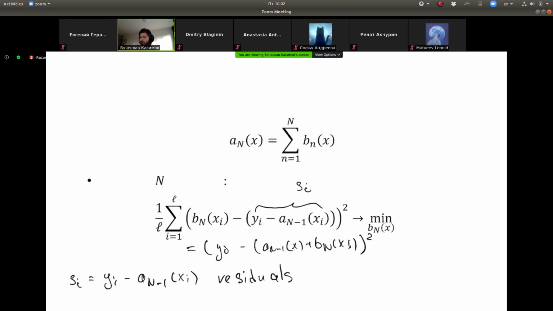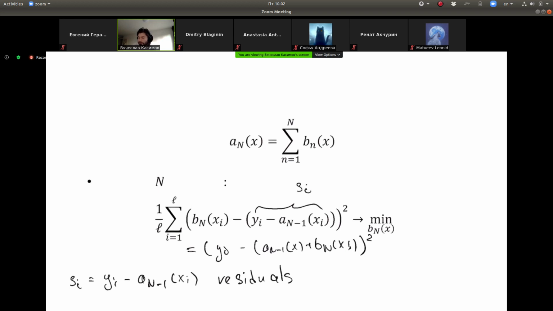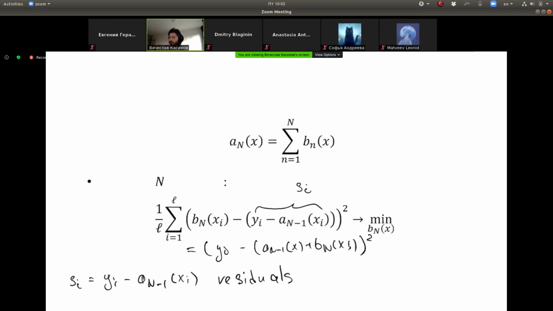In this case it's a very natural idea because, in some sense, the new algorithm is learning to fit the residuals or errors of the previous algorithms. And it's exactly our idea. So let's call this the matching residual.